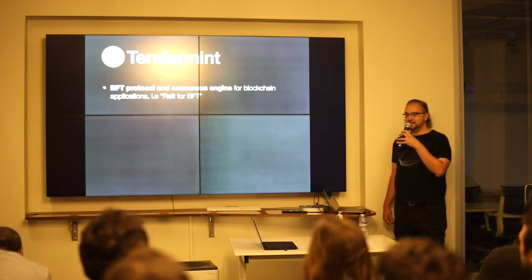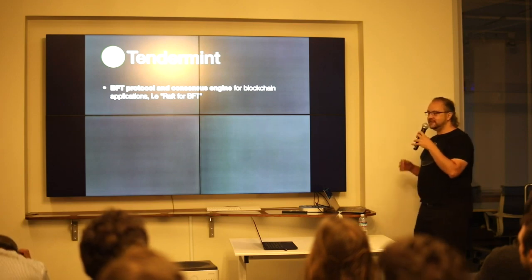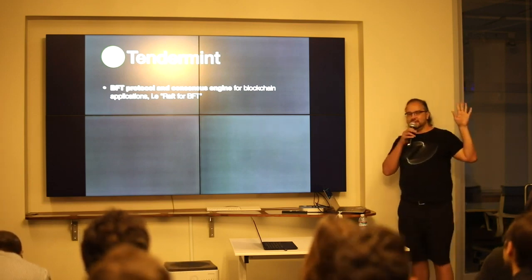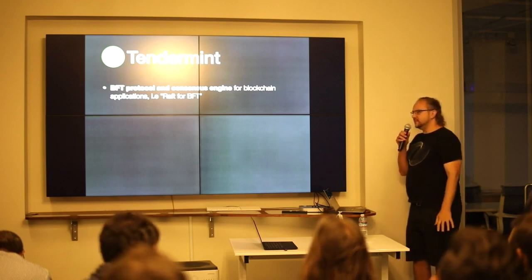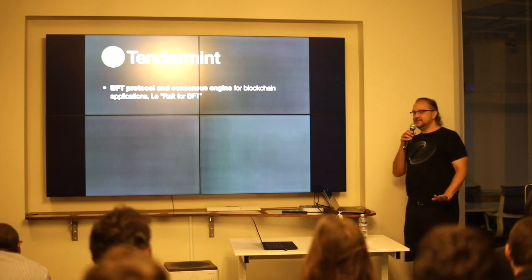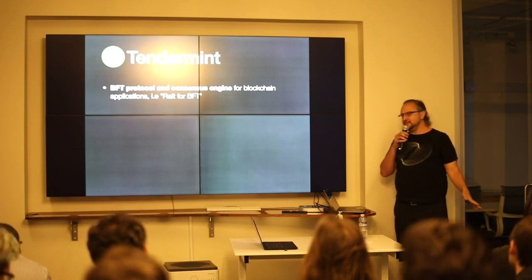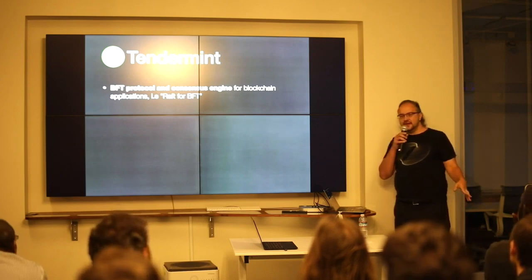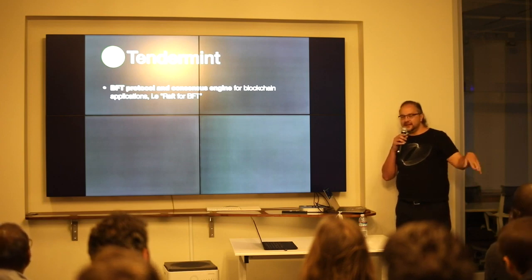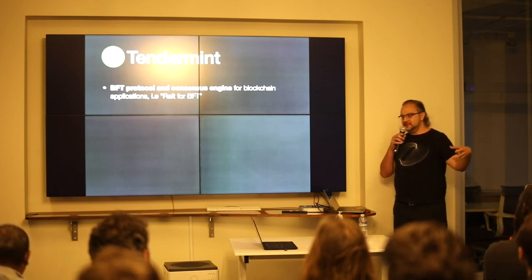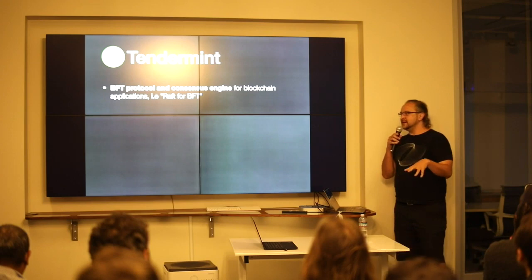So at its core, Tendermint is a BFT protocol. So who here has heard of Raft? Consensus algorithm. So Raft, the core idea of Raft was taking this older protocol, Paxos, and combining some of the operations within it to simplify them to use a single operation to do many things.